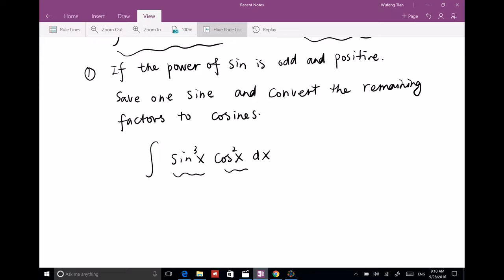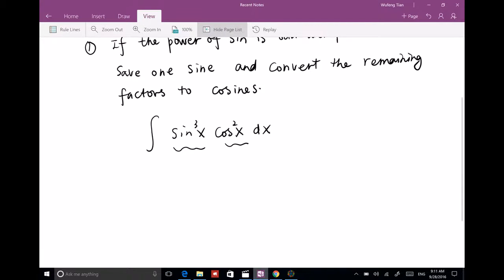What we can do is, I'm going to change something. You can see why I do that. Square is much better than the cube. Why is square much better? Because you can use the reduced power formula: cosine x squared equals half of 1 plus cosine 2x. You can use the reduced power formula to reduce the square.